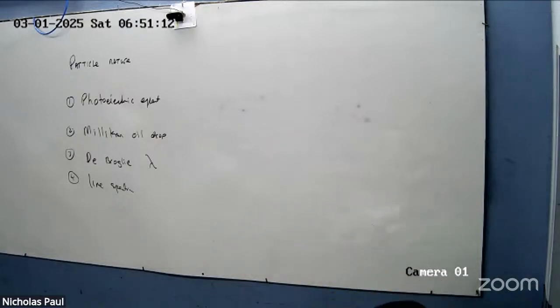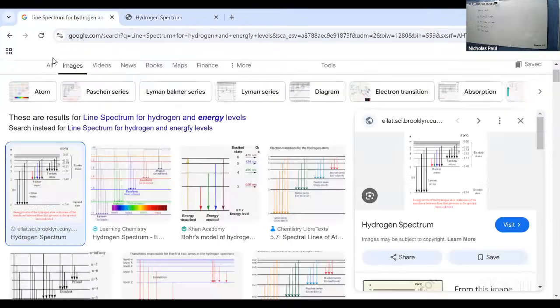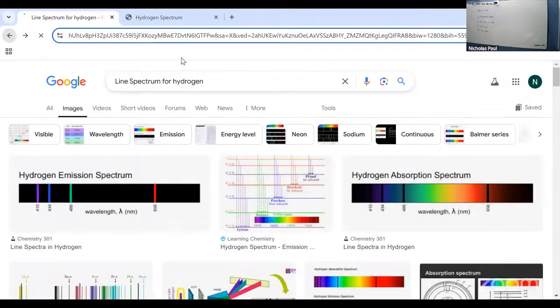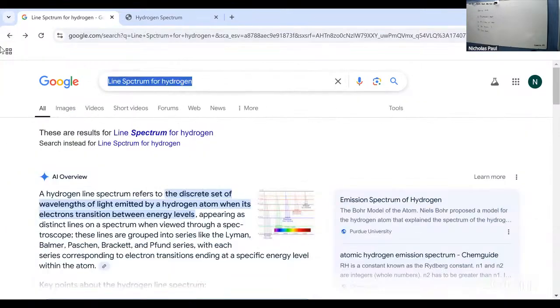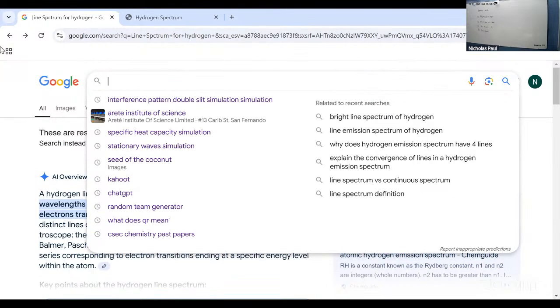All right, hey, I wonder about a simulation. I never look for a simulation, but that's a good idea. I would just look for a simulation on that. Yes.